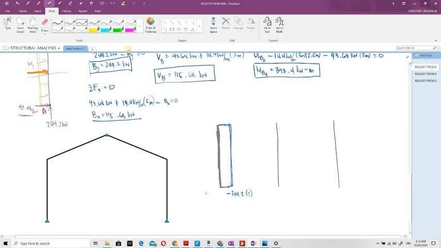Okay, then dito naman, yung ating shear diagram. Okay. So meron tayong, if we consider this positive, then this is negative. So kung titingnan natin dito sa portion na to, yung shear force natin is acting towards negative side. Okay. So this is, so let's say 43.68 kilonewton.